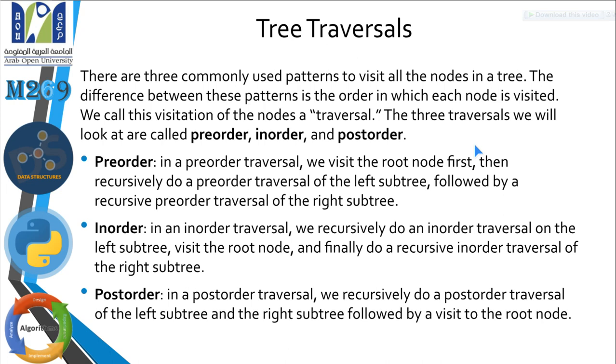Let me draw it for you. See, we have A, B, C. Now, if I said I am following the pre-order mechanism or traversal, then I must visit the root first, which is A, and then go to the left, I will visit B, and then to the right, which is C. But this is for the pre-order.